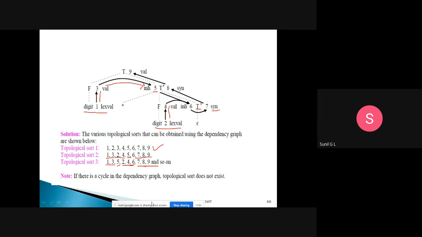If a cycle is there, then we can't do topological sorting; the topological sort does not exist at all for a given dependency graph. So if there is no cycle in that grammar, then we will have a topological sort for the given annotated parse tree.